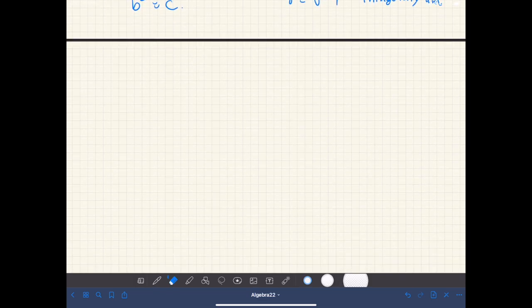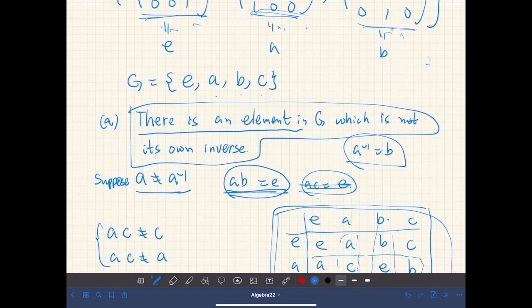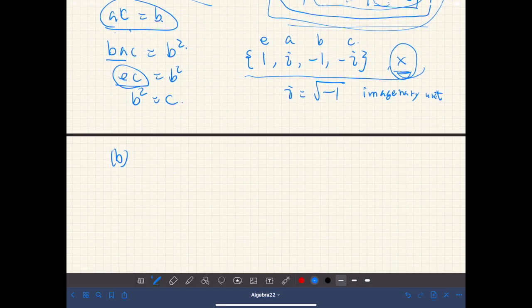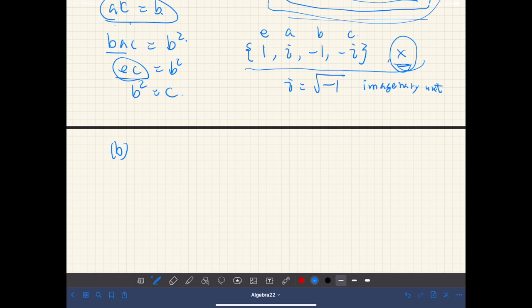Now let's consider another case, which is actually the complement of the previous case. So the previous case was there is at least one element in G which is not its own inverse. So if you take the logical negation of that statement, that becomes every element in G is its own inverse.